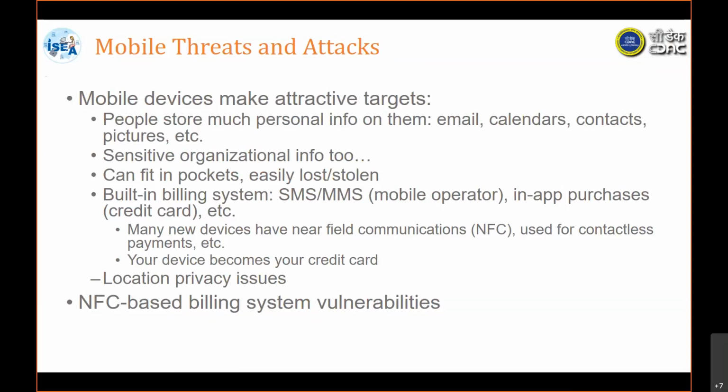In many cases, phones have contactless smart card functionality, like your contactless ATM card built into the mobile phone, which is used for payment and other purposes. So that information can also be leaked. So these are some of the threats.